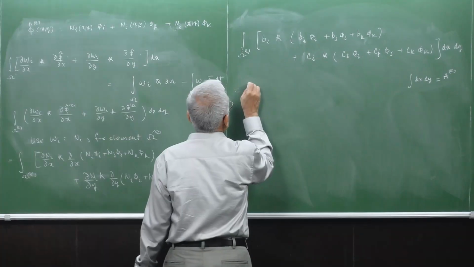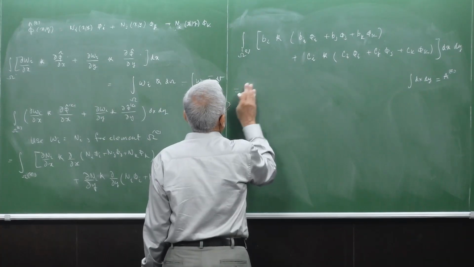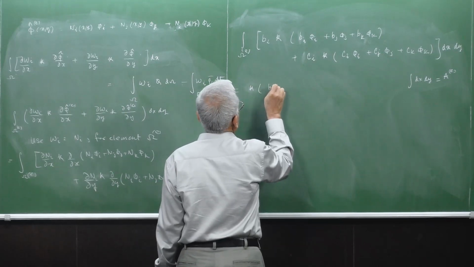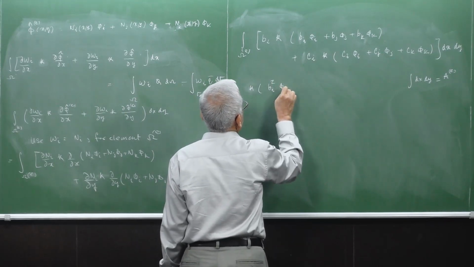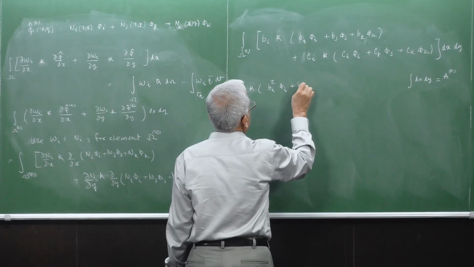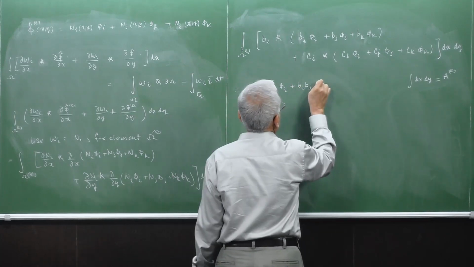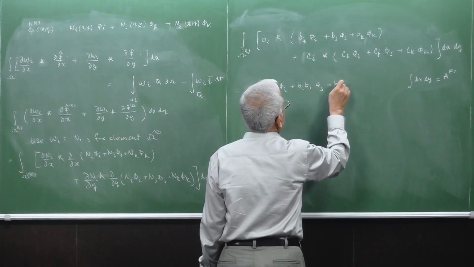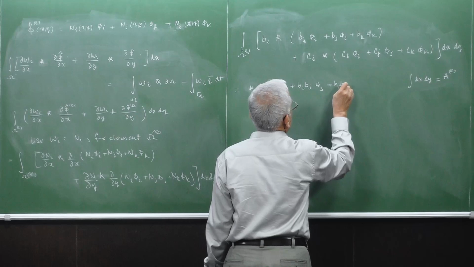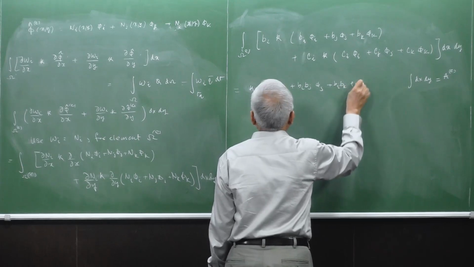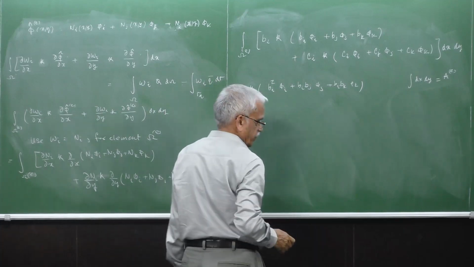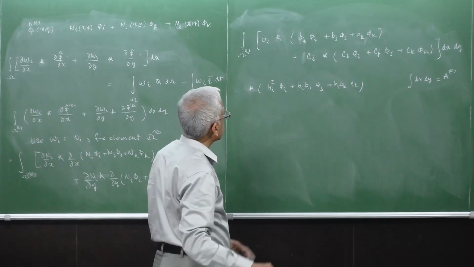Okay, so we will have here bi square, bi bj phi j, bi bk phi k, right?